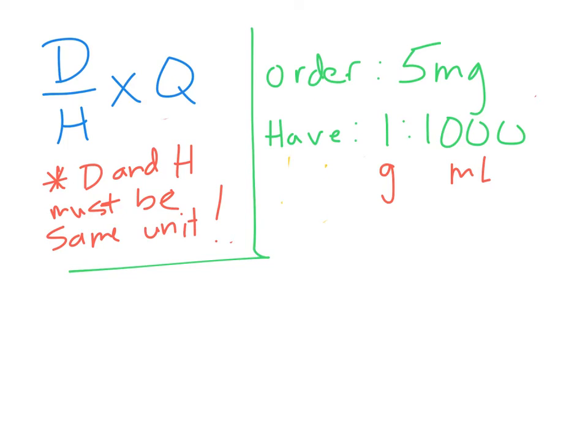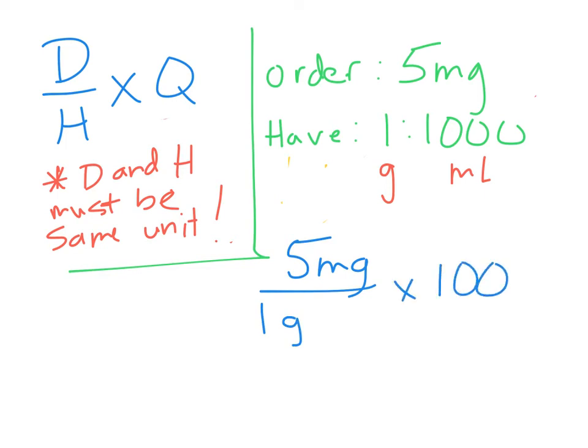So if we go ahead and set that up, our D over H times Q formula would say 5 milligrams, our H is 1 gram, and our Q is 1,000 milliliters. That's all that means. It's just a shorter way of saying 1 gram per 1,000 milliliters. But one thing you definitely want to pay attention to is that that 1 is in grams.